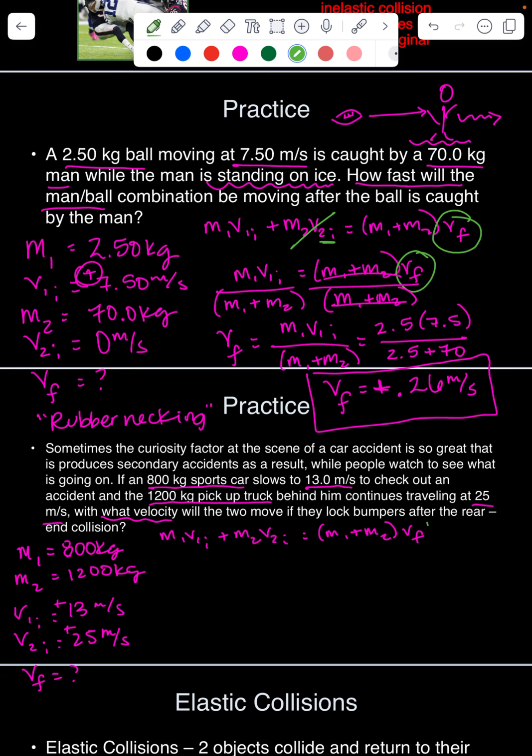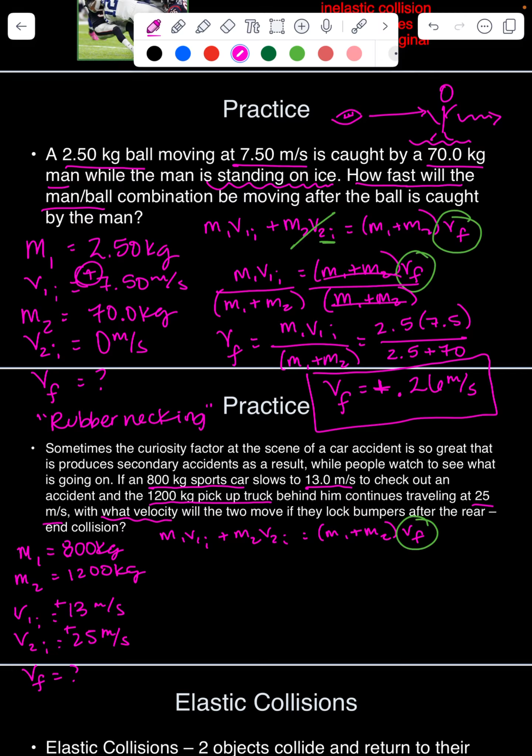Now remember that before you start rearranging, always look to see if anything can cancel out. Unfortunately, nothing can cancel out here, so you are going to have to solve each and every portion of this.